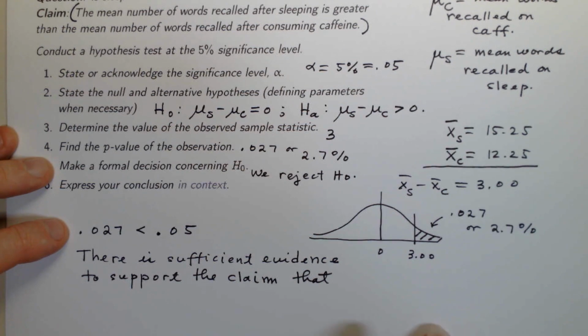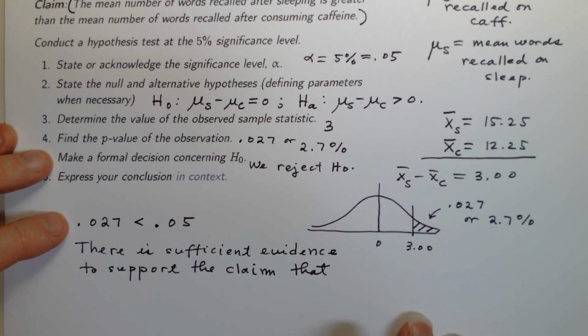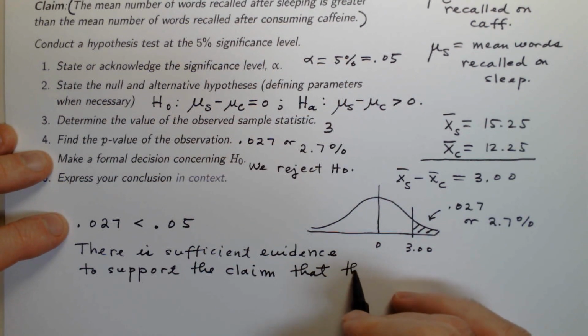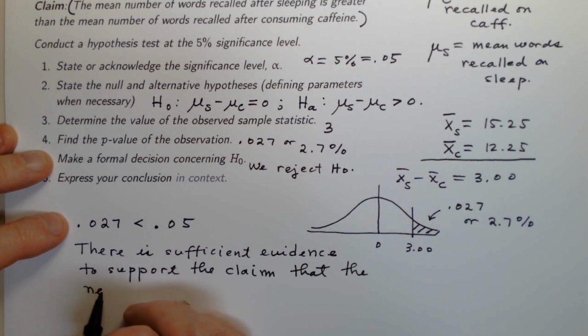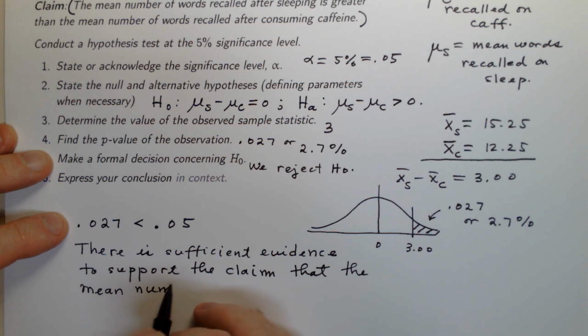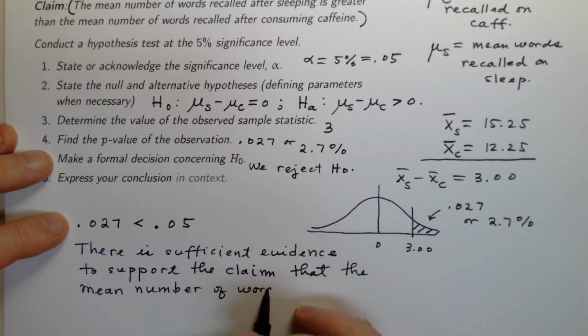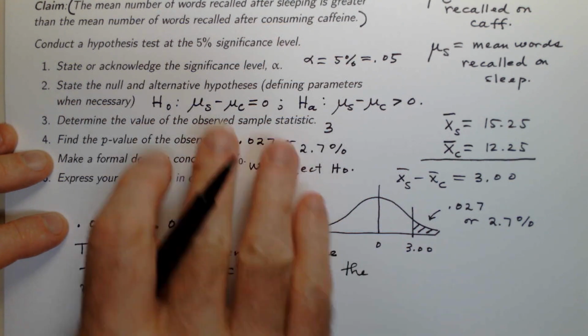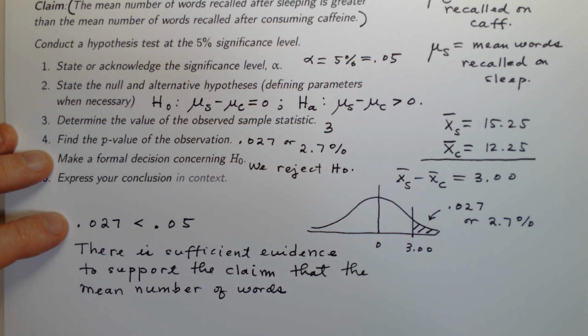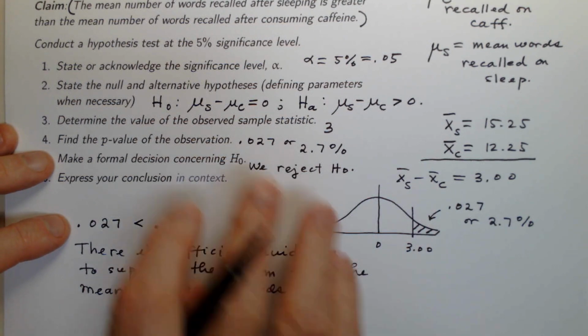So there is sufficient evidence to support the claim that the mean number of words. Now, I'm not going to rewrite this whole thing. You can basically just imagine pulling this down and rewriting it. So you'll fill in all of the remaining part of this claim.